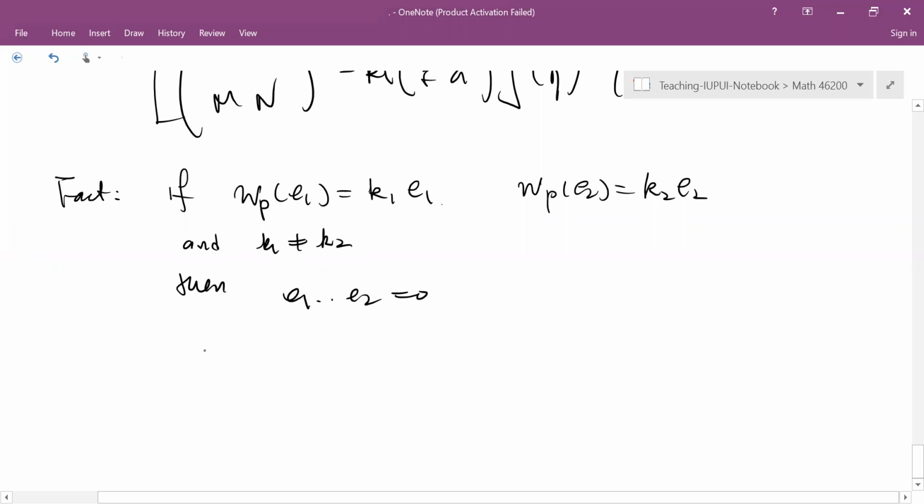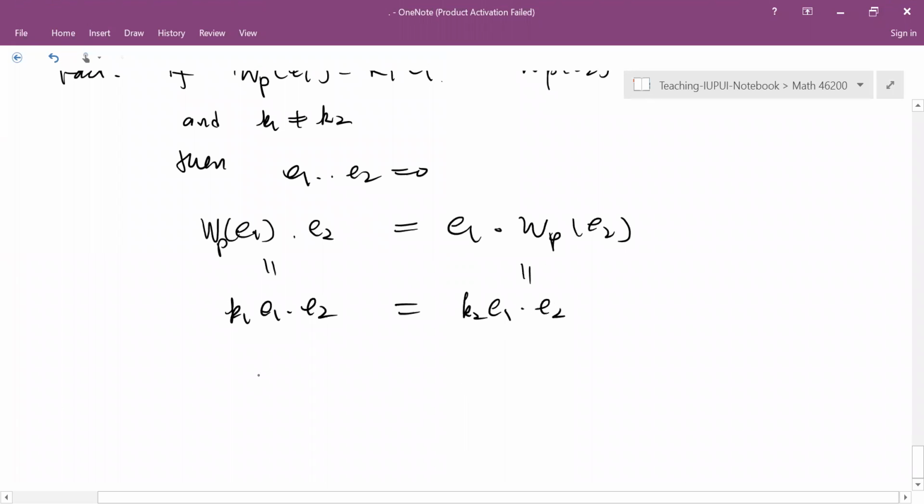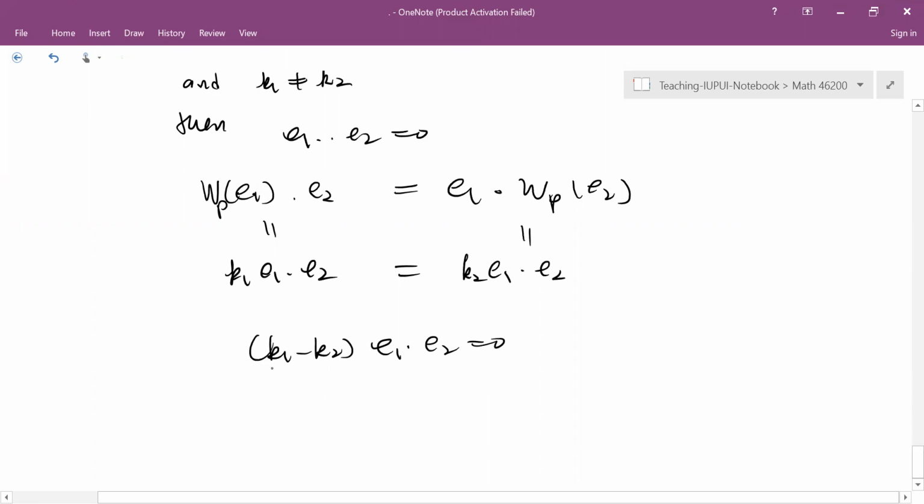We take the inner product of W E1 with E2, and it's equal to the inner product of E1 with W E2, since W is self-adjoint. This side is K1 times the inner product, and this side is K2 times the inner product. So they're equal, and you move the right term to the left-hand side: K1 minus K2 times the inner product should be 0. Since K1 minus K2 is not 0, the inner product must be 0. That's it.